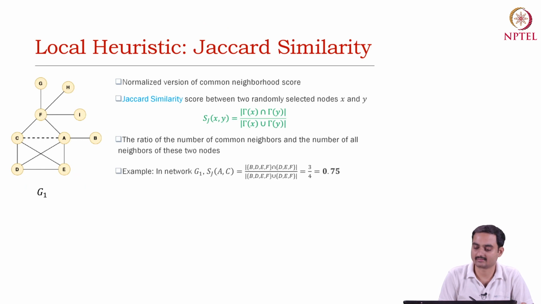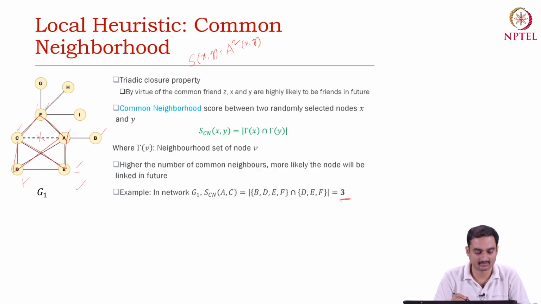The next one is Jaccard similarity. The problem in common neighborhood is that, for example, A has a lot of neighbors and C has only one neighbor. Let us assume that C's neighbor is also A's neighbor.